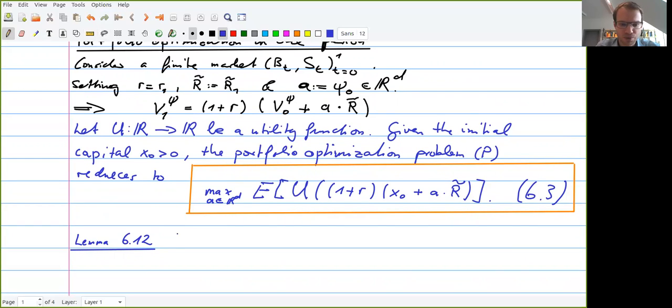Let us suppose we have this market B and S, and we want it to be a finite market.